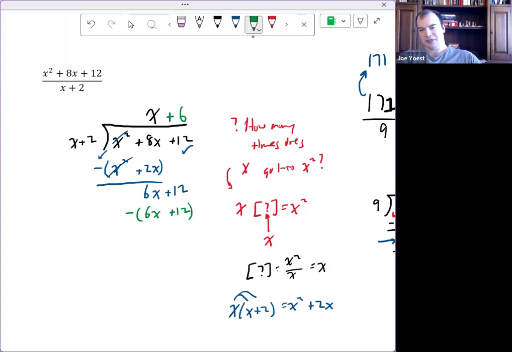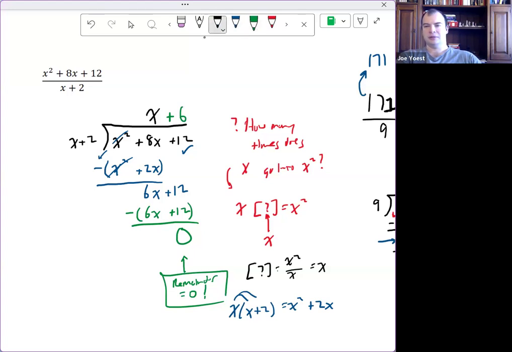And here I actually see that I get something minus the exact same thing. That gives me 0. So nicely enough, my remainder equals 0 in this case. So x squared plus 8x plus 12 over x plus 2 gives me x plus 6 with a remainder of 0.